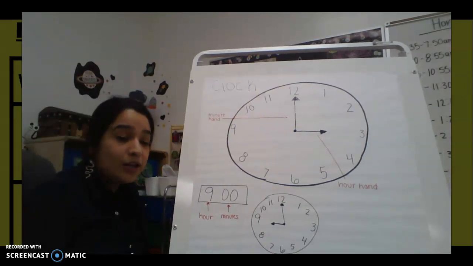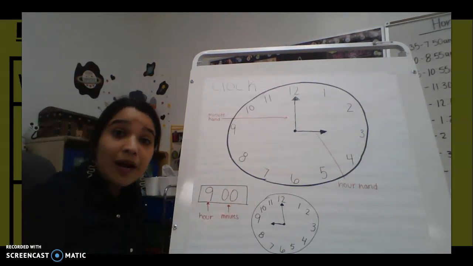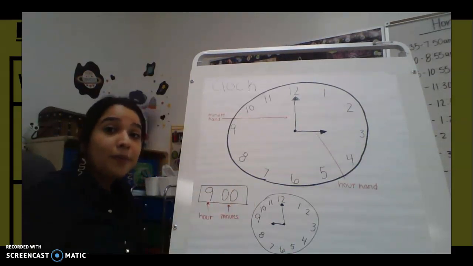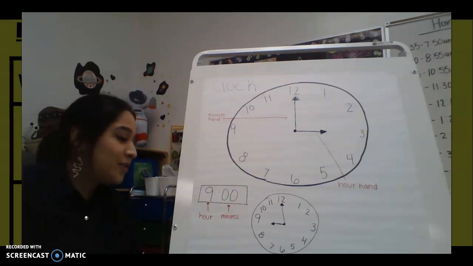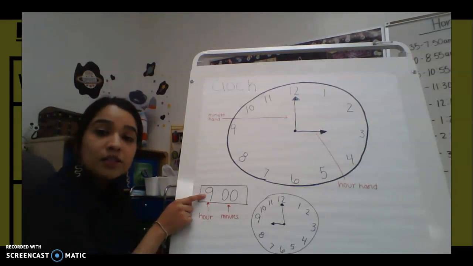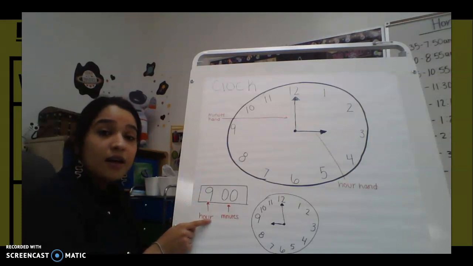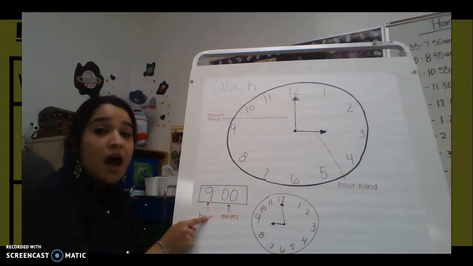Let's go ahead and look at our digital form. Does everyone remember how to write digital form? Let's go ahead and review. So right here, what is this first number representing? The hour. Yes, so the first number represents the hour.